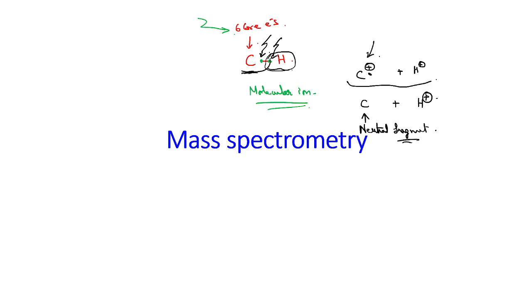Sorry, over here this one will not be the positive one; the positive one will be this one in the second case. So now this hydrogen cation will be affected within the magnetic field. However, this neutral fragment will not be affected in the magnetic field.